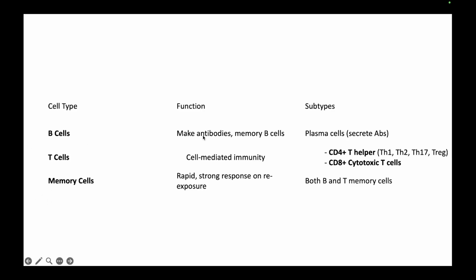B cells make antibodies, and there are memory B cells. T cells mediate cell mediated immunity: CD4 positive T helper cells and CD8 positive cytotoxic T cells. Then there are memory cells, which have a rapid, strong response to re-exposure. This is true of both B and T memory cells.